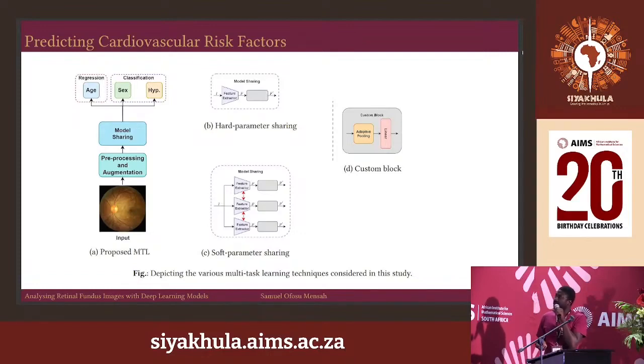Then the model is just used to extract one feature map, and then we use it for the predictions. But for soft parameter sharing, each task would have its own feature extractor, and then we predict them accordingly. And we have this blank space here, which basically stands for a custom block, which is an adaptive pooling and a linear layer.